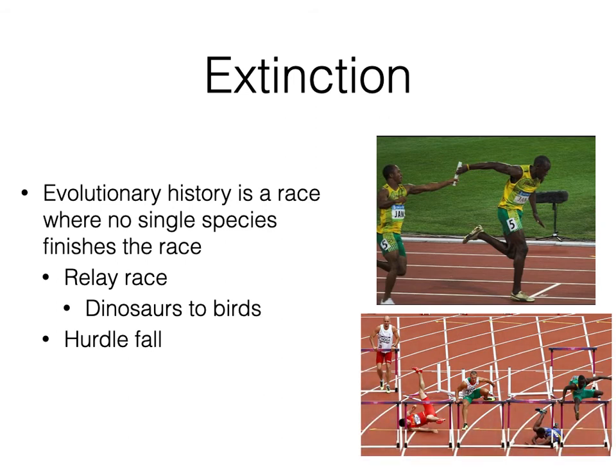Or will a given species' fate be a hurdle fall in which their entire lineage goes extinct and there's no one left to carry on that lineage, and that entire group of unique evolutionary characteristics disappears from the face of the earth.